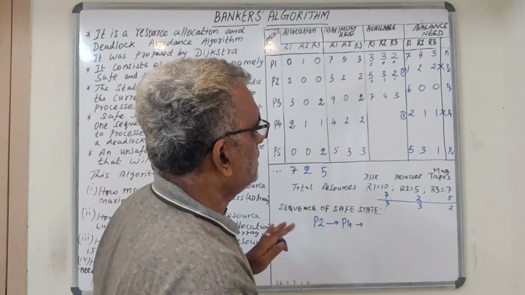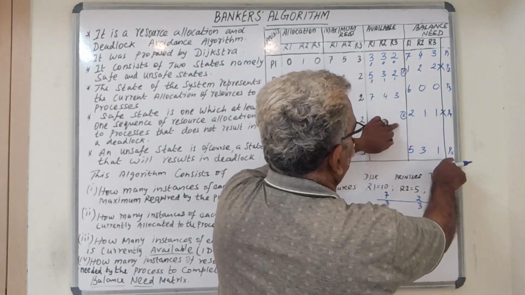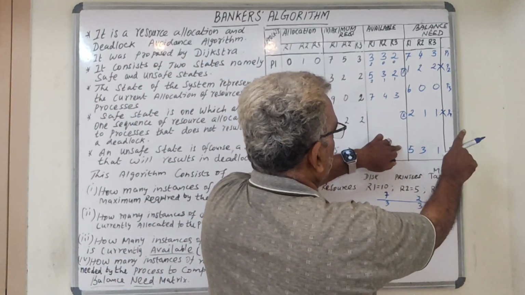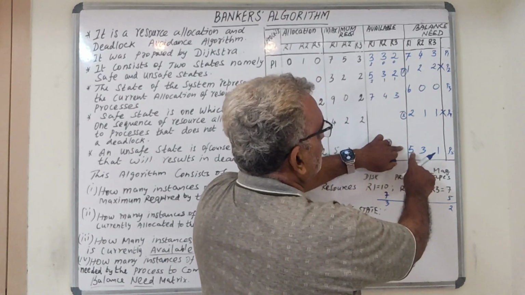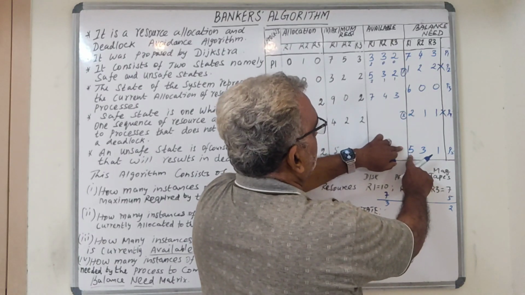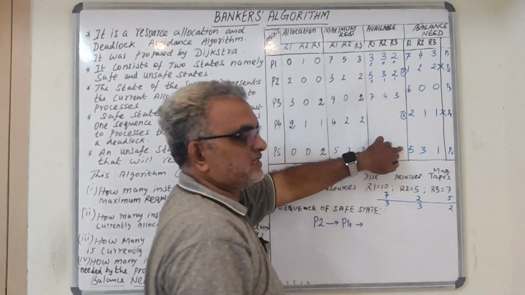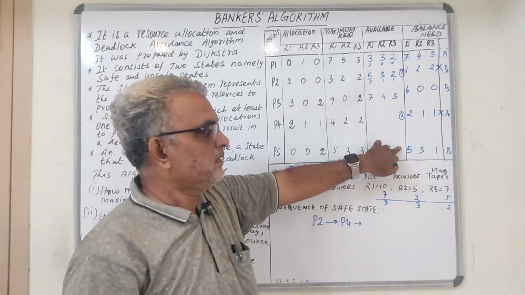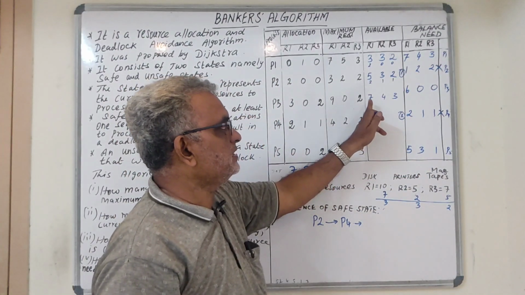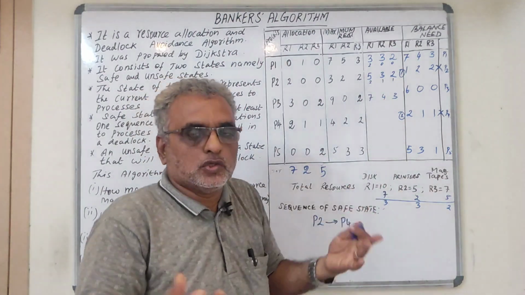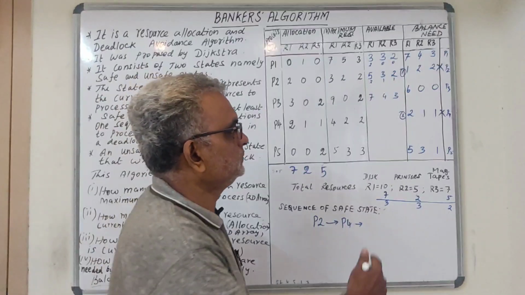Okay. So now move on to the next process, that is P5. P5 requires 5 instances of resource 1, 3 instances of resource 2 and 1 instance of resource 3. That is 5, 3, 1. Now available is 7, 4, 3. So very well, we can provide.